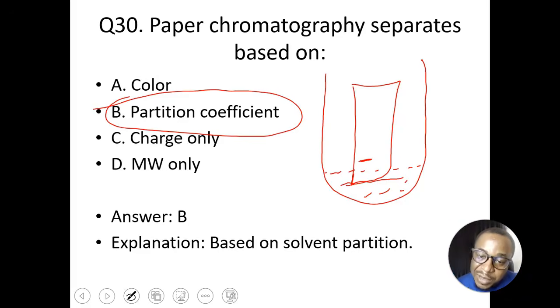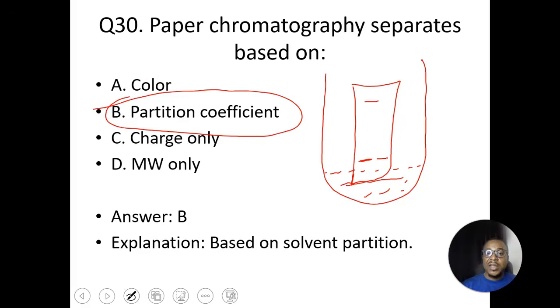As hexane migrates via capillary action, because this molecule is soluble in hexane, it will push the molecule up here. But if the molecule is not soluble in hexane, let's say a polar molecule, it will not push the molecule.